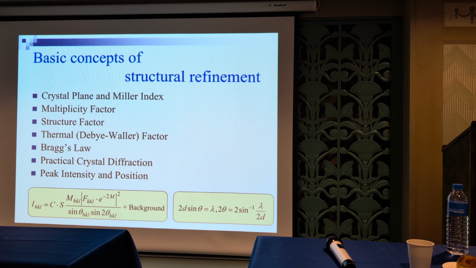Then there is a factor that gives you weak peak intensity at high angle, called the thermal factor. And of course, you need to know where the peak appears, so you need to understand Bragg's law. There are another two things correlated to the equation below.